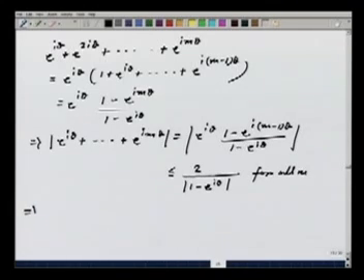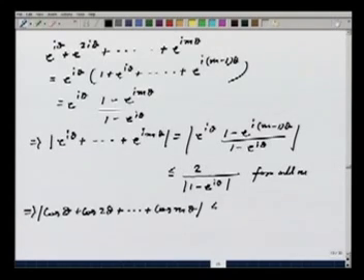This then implies that the modulus of cosine theta plus cosine 2 theta plus up to cosine m theta is less than or equal to 2 divided by the modulus of 1 minus e to the power i theta. This is well defined as theta is not equal to 0. And hence the Dirichlet test applies.